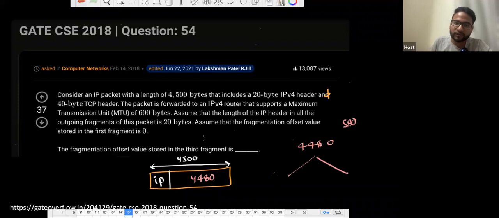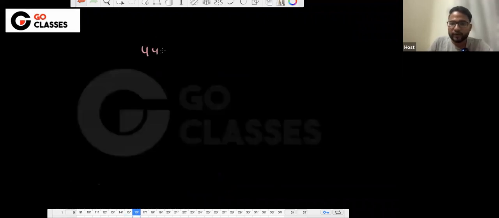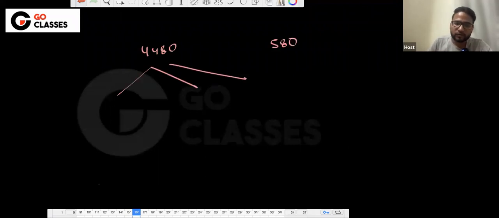Assume that the fragmentation offset value stored in the first fragment is 0. What is the offset stored in the third fragment? So basically, this 4480 you have to divide by 580. Is that divisible by 8? This is not exactly divisible by 8, so it should be 576. Maybe this is 576, right?